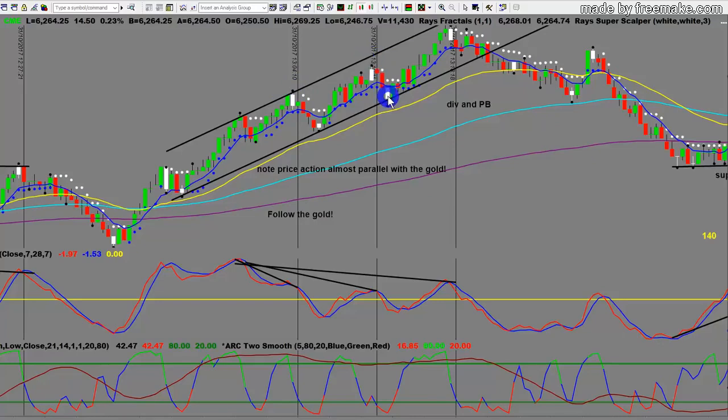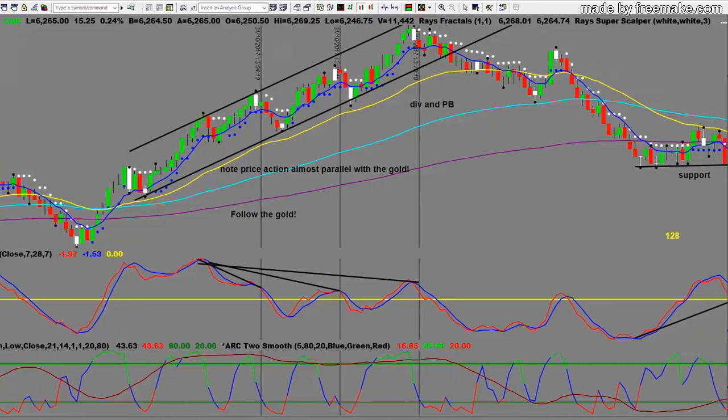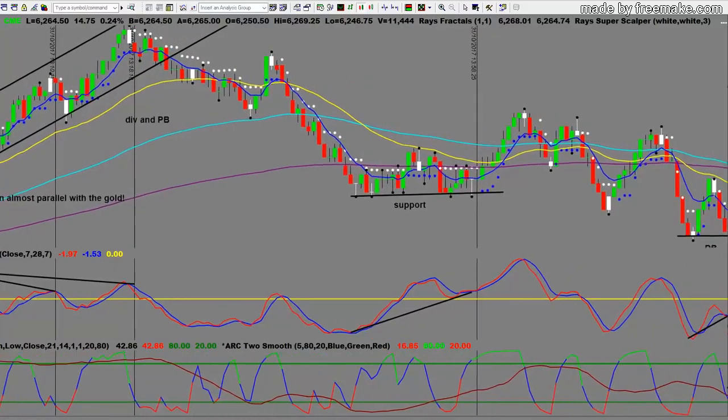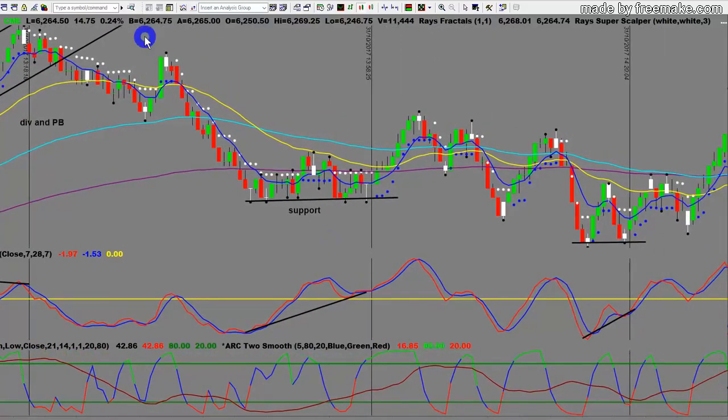So by the time you got out of this counter trend trade and jumped on the trend trade, the move's already well and truly underway. This is one of the challenges in focusing on taking counter trends. You miss out on a lot of really good trend trades, so you've got to be quick and able to recognize these.